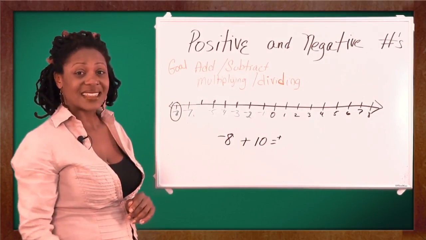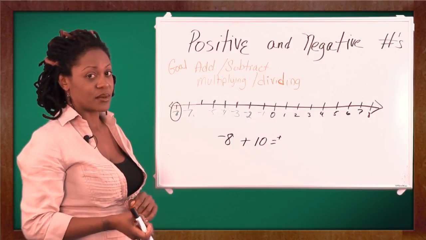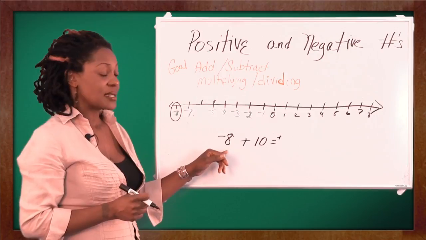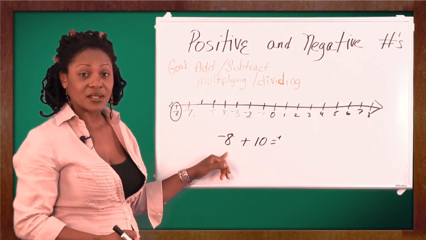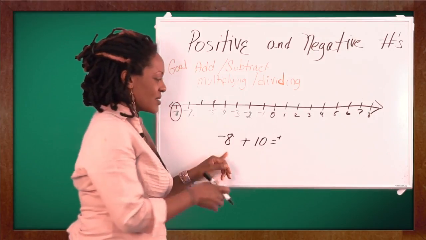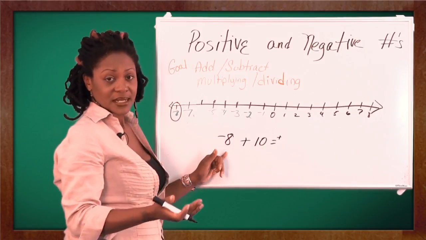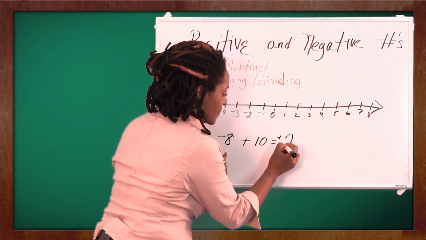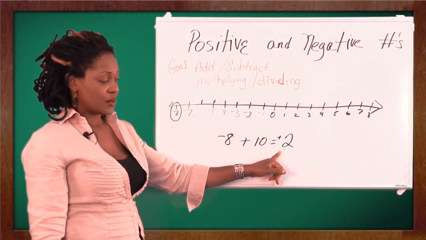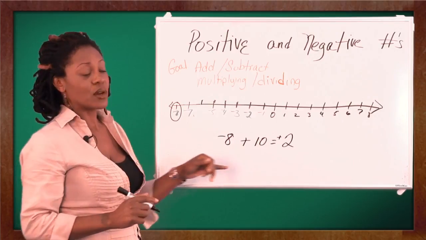So again, we take the difference between the two numbers. The difference means we're subtracting. 10 minus 8, or the greater number minus the smaller number. And our answer, the difference between these two numbers is 2. And here we are, +2. Now let's watch that happen on the number line.